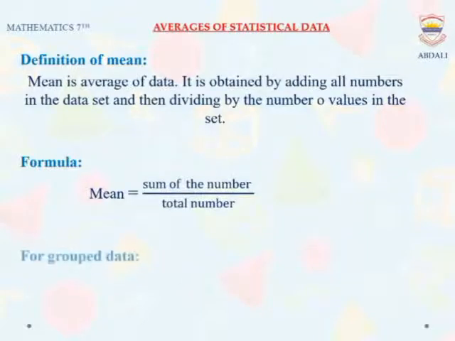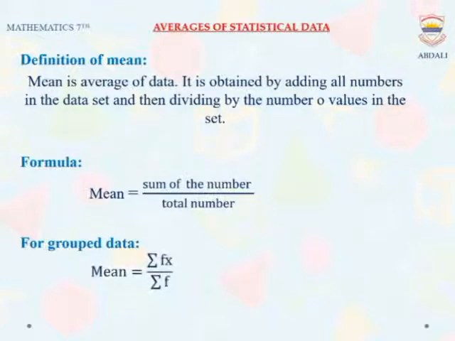So class, if you have grouped data, which means your data contains some intervals and frequencies and is arranged in a table, the formula for mean for such data is mean equals sum of fx divided by sum of f. This sign is called the summation sign. It is used for sum of.